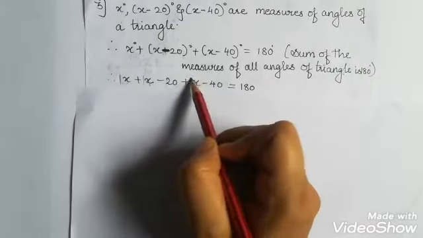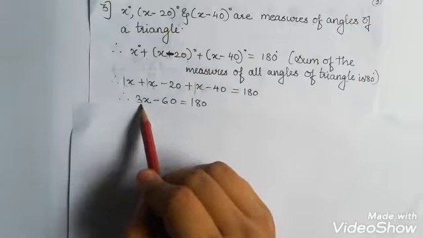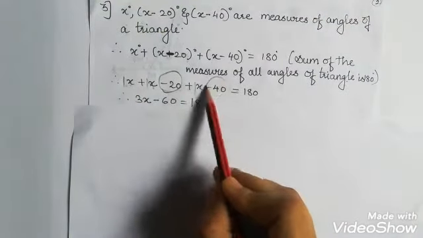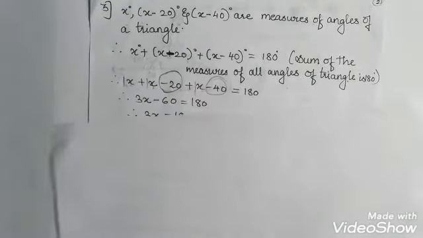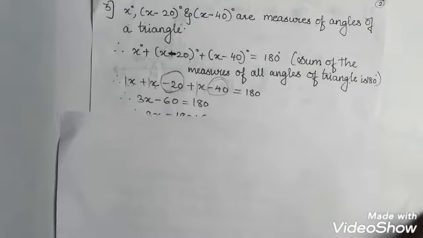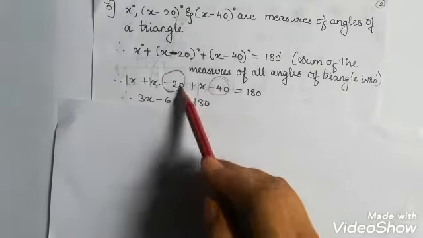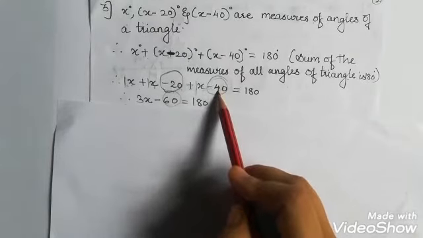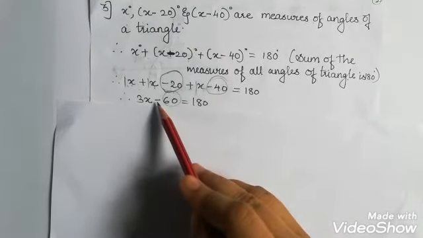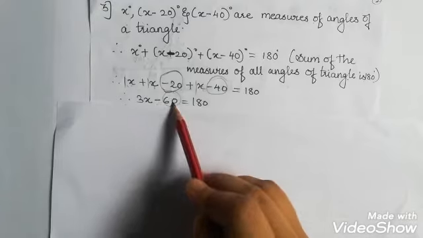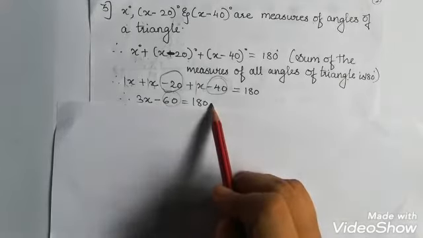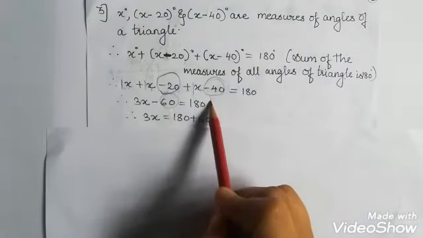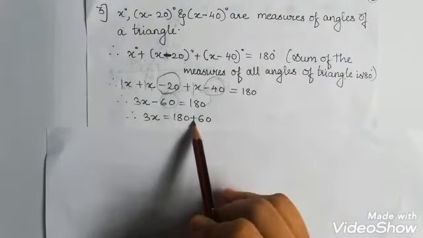So that is 3x, right? Now minus 20 and minus 40. Minus and minus together give 20 plus 40, which is 60. Since the greater number is 40 and it has a negative sign, I write that as minus 60 is equal to 180. Next, this 60 I shift to the other side, so minus becomes plus.